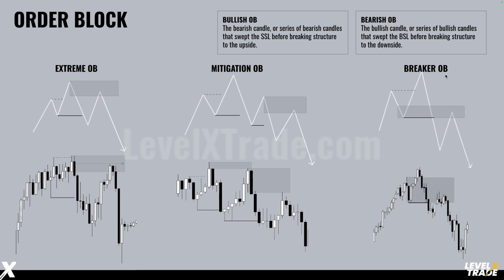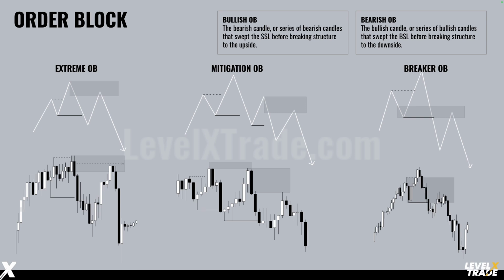Now the breaker order block, it's very similar to the first one, and this seems to have the best win rate, so to speak. It doesn't show up on the chart very often, but when it does, it's probably one of the strongest order blocks out of the three. Okay, and it's very easy.